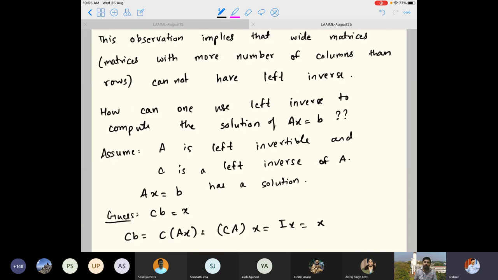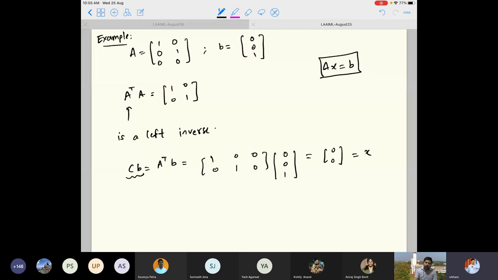One thing that you should be sure of is that Ax = B has a solution. Something that we observed tells us that if CB does not satisfy Ax = B, then CB cannot be the solution to this Ax = B. That means that the system of equations is not solvable.